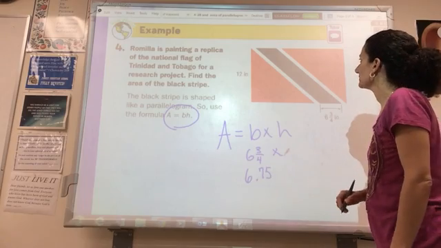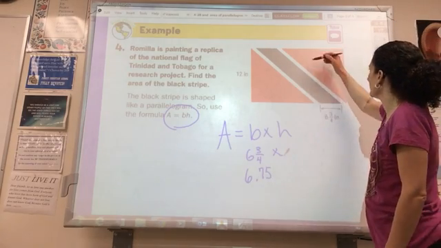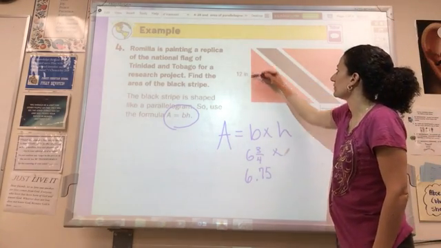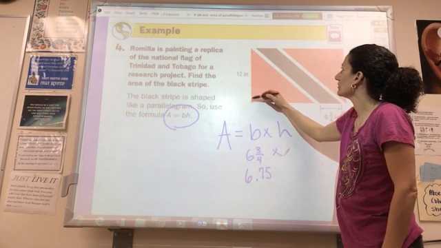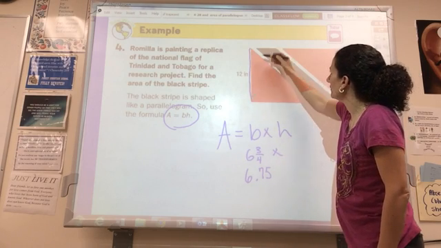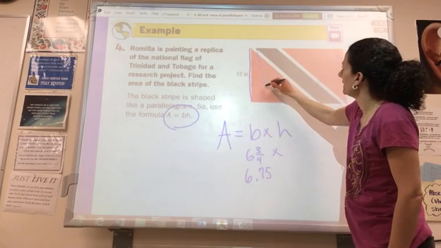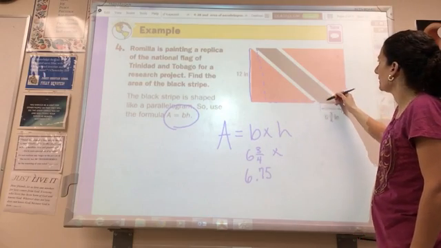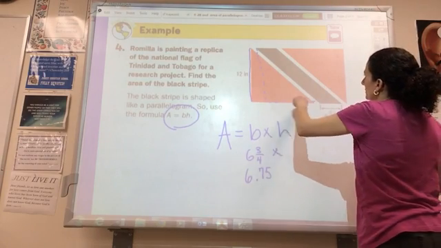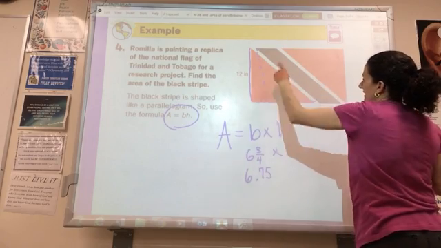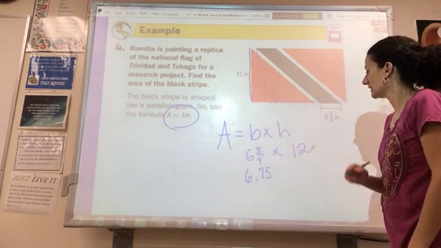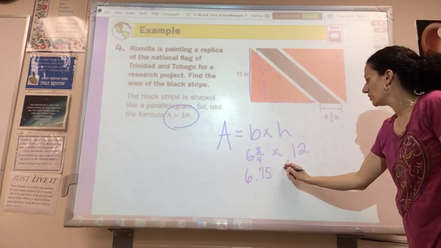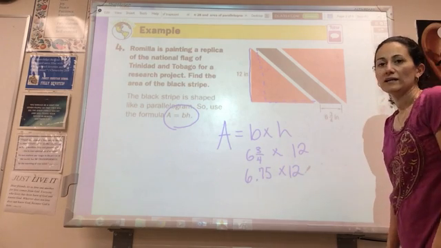Now I need to find the height. There's no height given here, but when I look over the side of the flag, it says 12. If this height is 12, it's the same height as my parallelogram. My parallelogram's height from the base is also 12 inches. So I'm going to do 6 3/4 times 12, or 6.75 times 12.